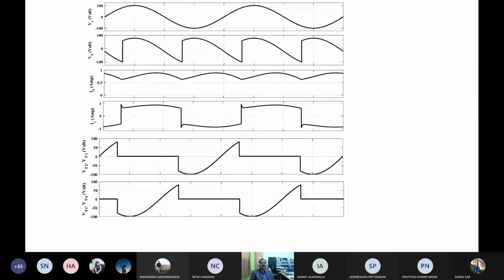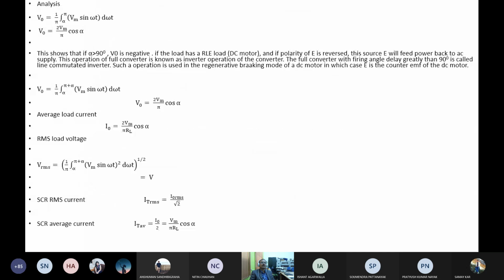From this waveform, we will derive the average output voltage, RMS current, and RMS voltage.